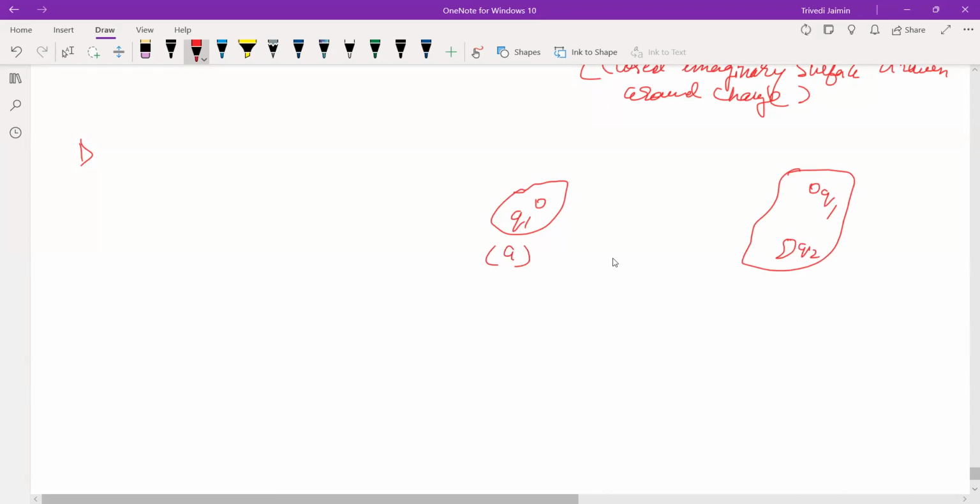Surface A, surface B. You can say S1, and some surface which is neutral charge or zero charge, S2. It is C. So let's write about this.